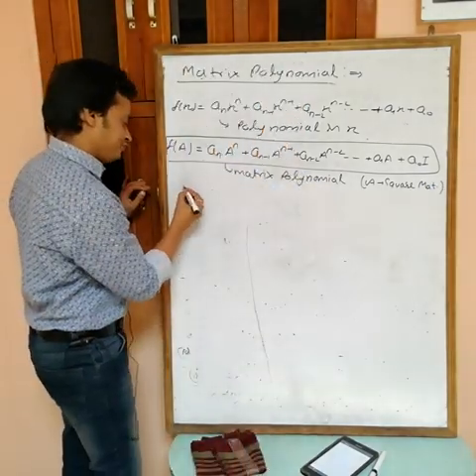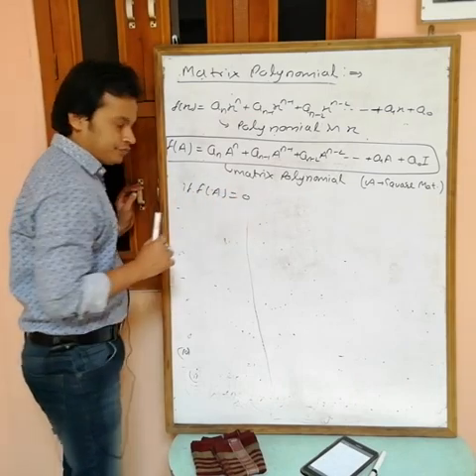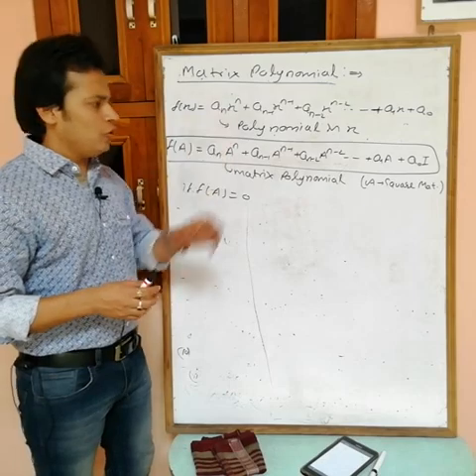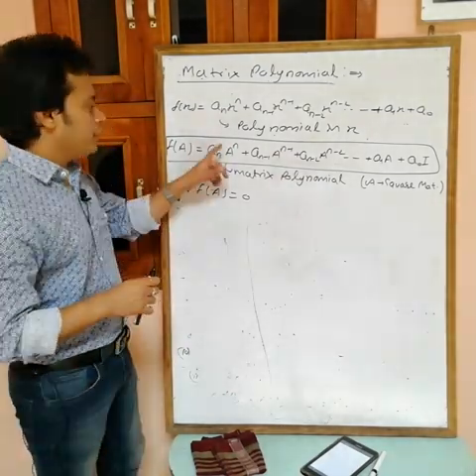And if f(A) equals 0, in any polynomial, if we replace x with A, then you will get a matrix polynomial.